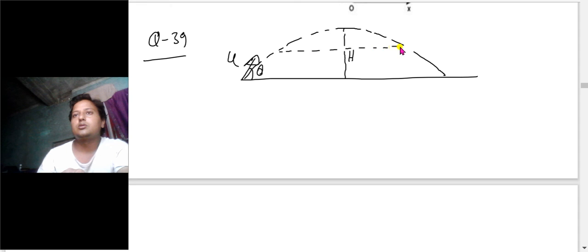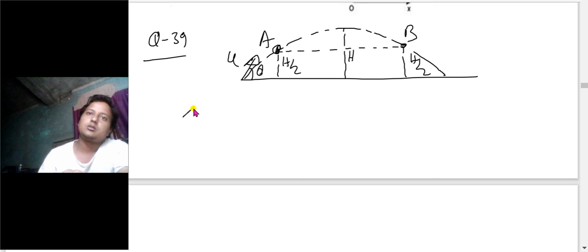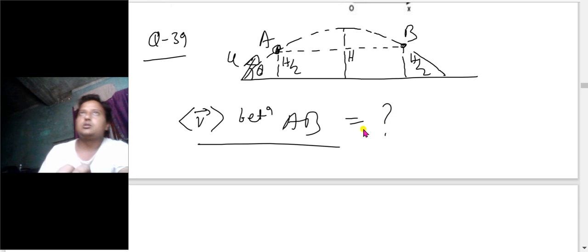So there are 2 points at half of the greatest height. What is the average velocity between AB? This is the question.